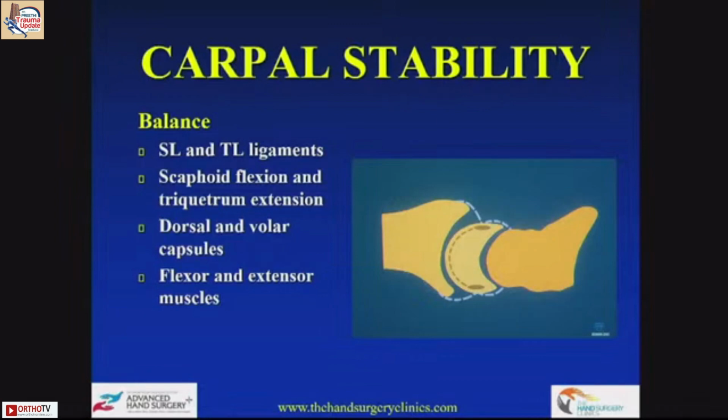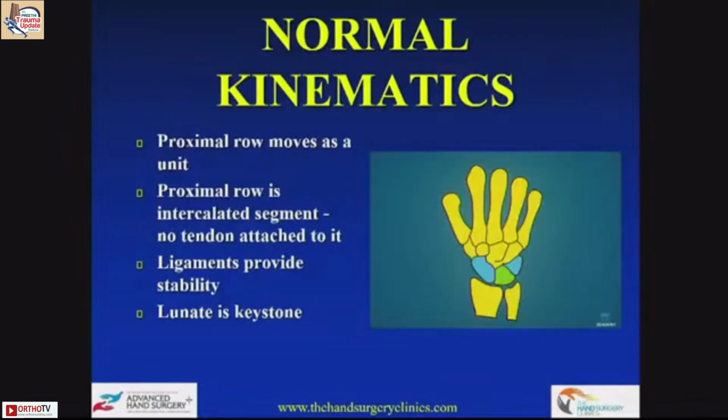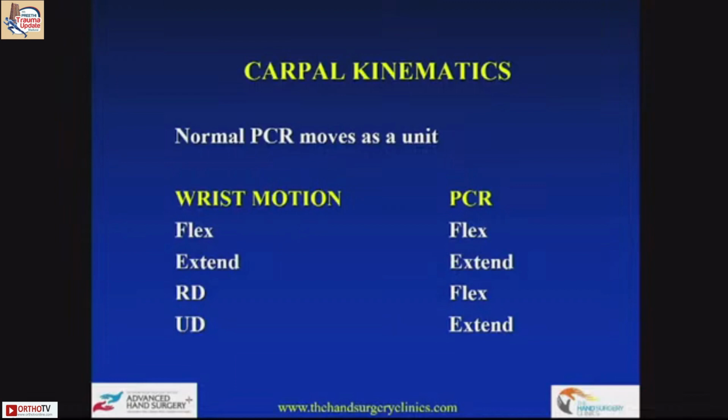It is an interplay between the ligaments that impart stability to the wrist joint. We should know that the normal kinematics of the wrist joint comprise flexion of the entire proximal row when the wrist is flexing, the same proximal carpal row will extend with the wrist in extension, and radial and ulnar deviation will cause flexion and extension respectively.